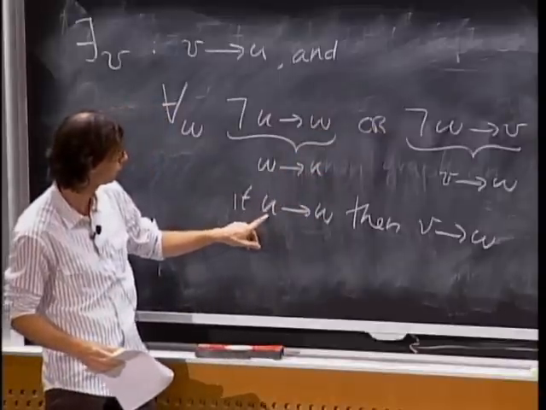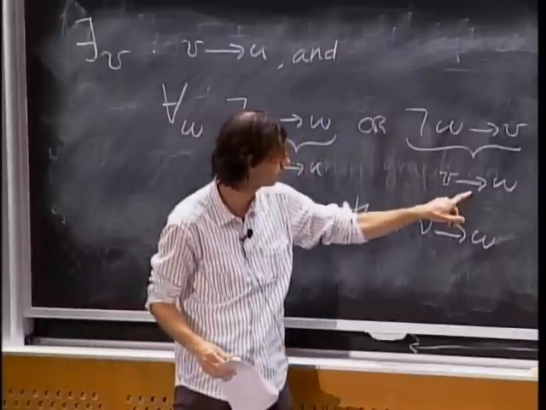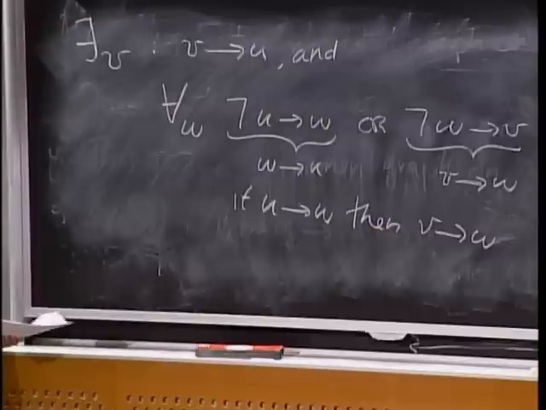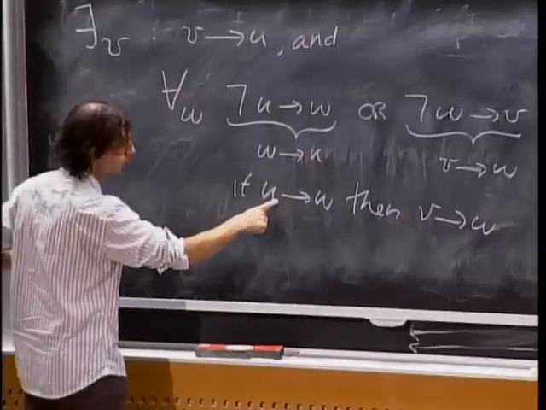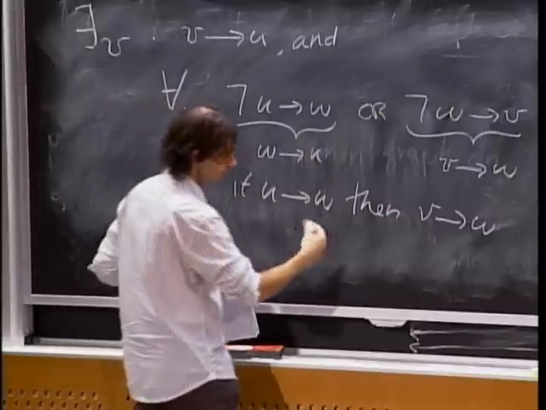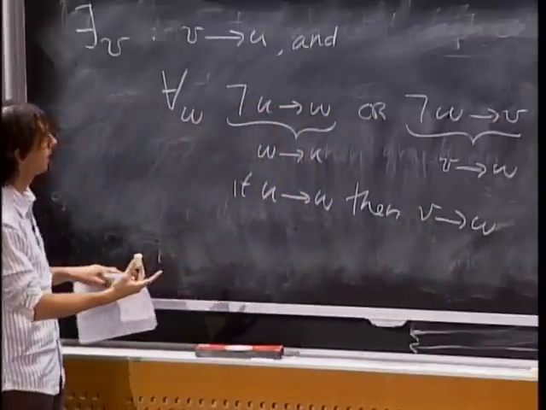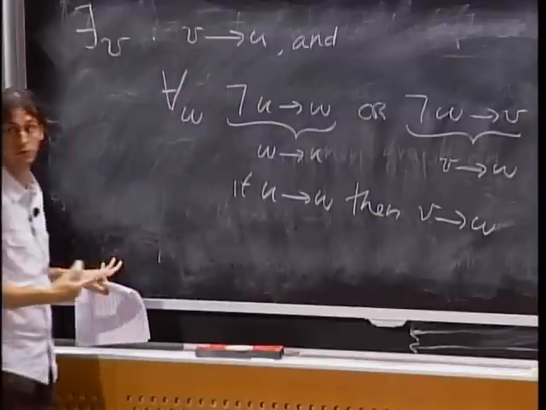So if U packs W, then this is not true, so then it must be the case that V packs W. Now let's have a look at V. We notice that for all outgoing edges from U, there exists a similar outgoing edge for V. But V has one more outgoing edge. V actually has an outgoing edge to U.